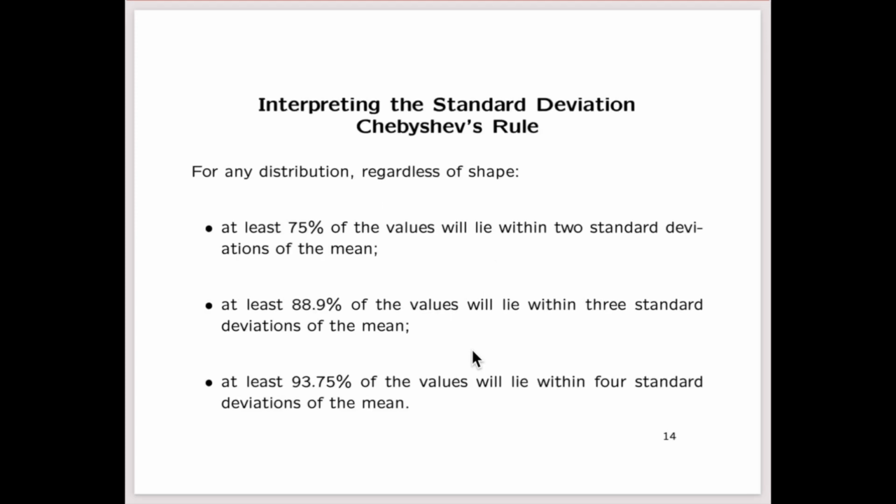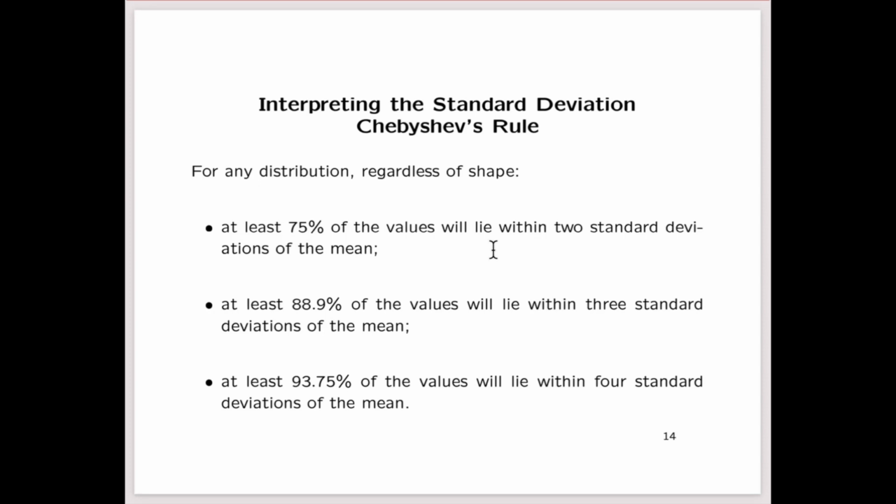All right. Now, to look at some particular values for any distribution, regardless of shape. Even if it's very skewed, Chebyshev's rule tells us that at least 75% of the values will lie within 2 standard deviations of the mean. At least 88.9% will lie within 3 standard deviations of the mean.